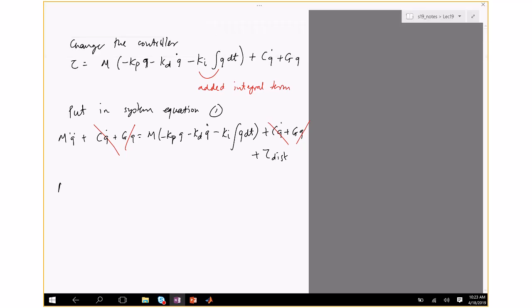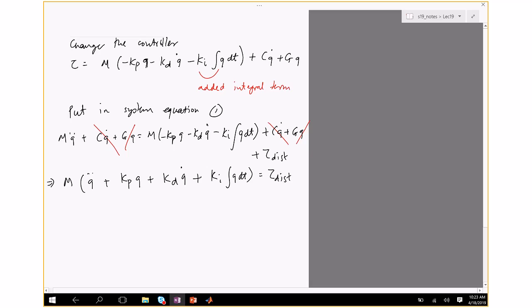So I'm left with M times, sorry, this should be in brackets, q double dot plus Kp q plus Kd q dot plus Ki integral q dt equals tau disturbance.